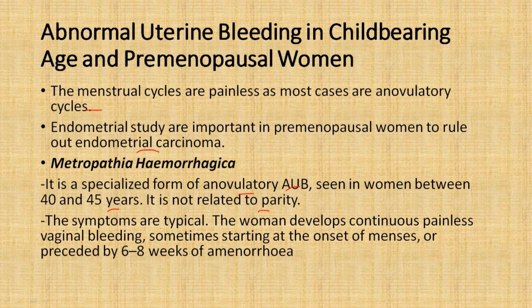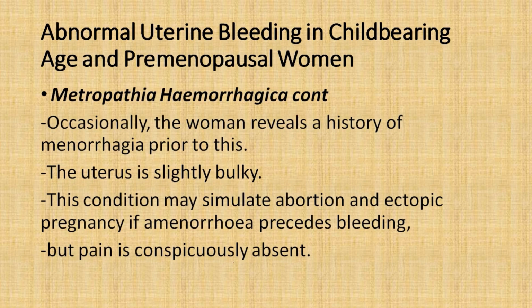The symptoms are typical. The woman develops continuous painless vaginal bleeding, sometimes starting at the onset of menses or preceded by 6 to 8 weeks of amenorrhea. Occasionally, the woman reveals a history of menorrhagia prior to this. The uterus is slightly bulky. This condition may simulate abortion and ectopic pregnancy if amenorrhea precedes bleeding, but pain is conspicuously absent.